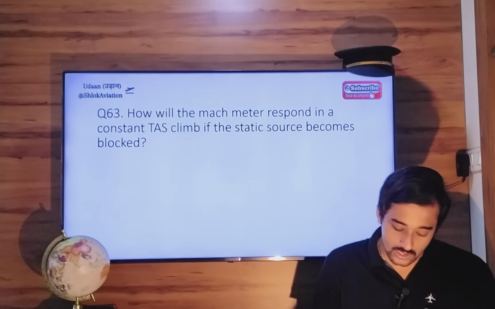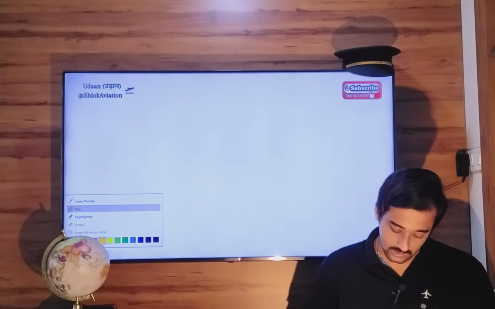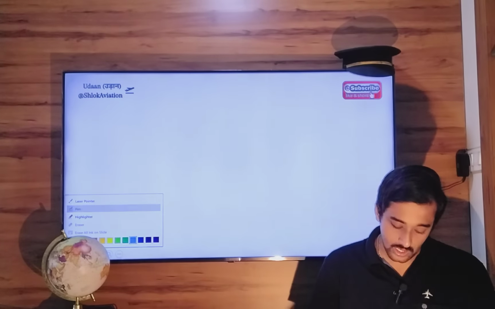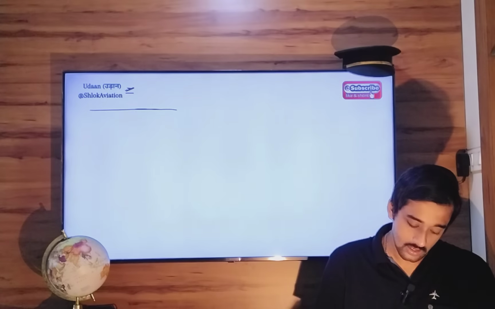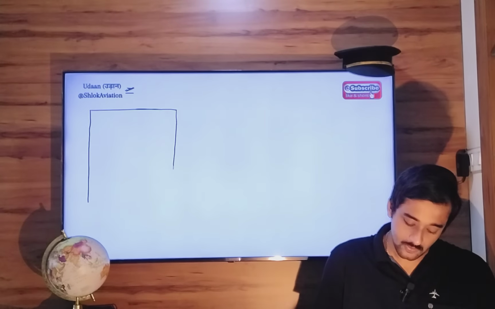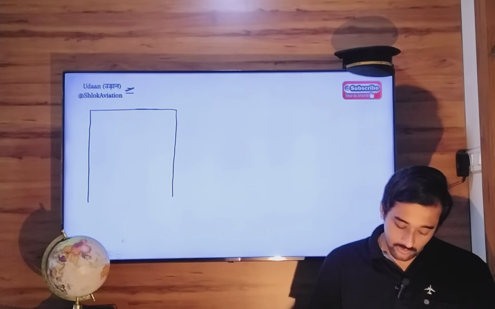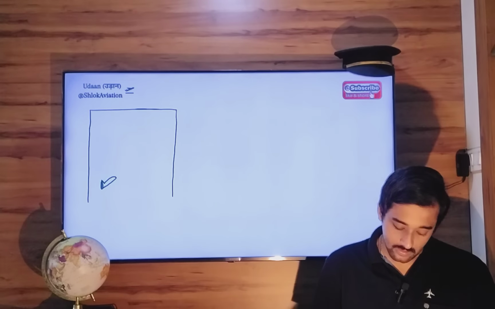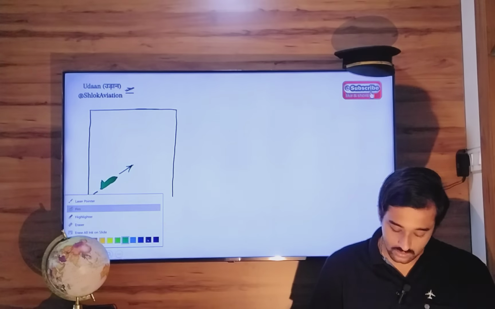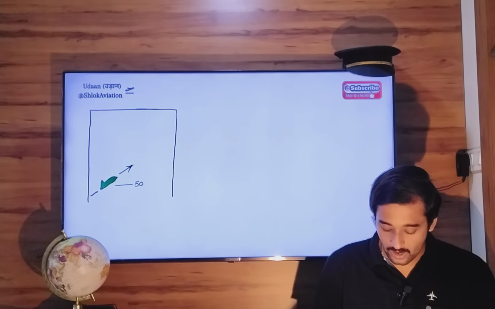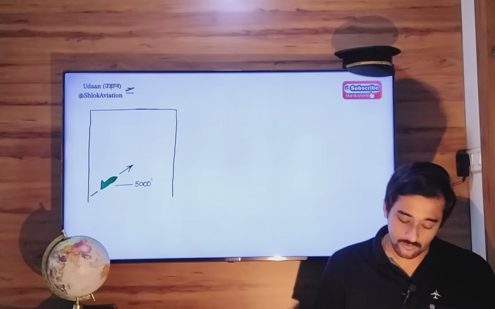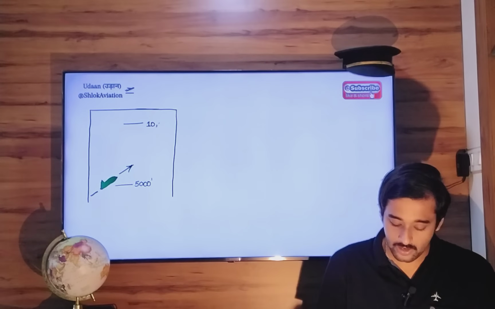So if you are climbing at constant true airspeed, let's say this is your air mass, climbing in this particular air mass from 5000 feet to a higher altitude of, let's say, 10,000 feet.